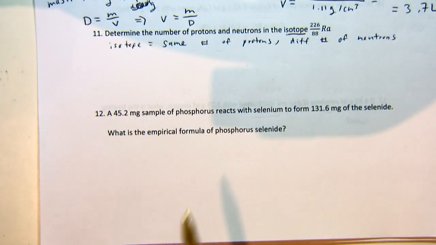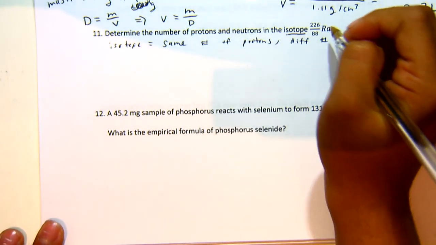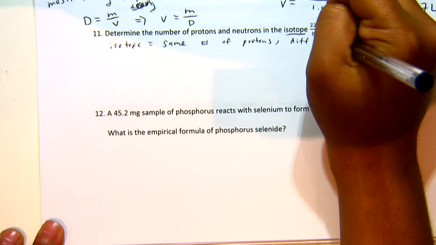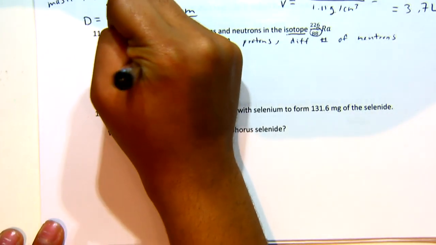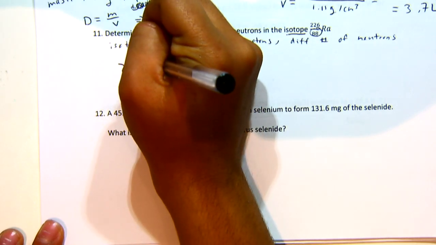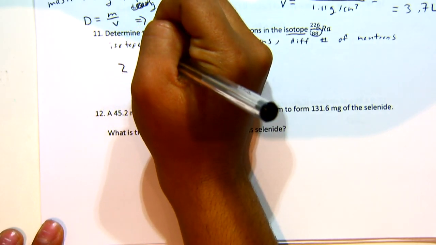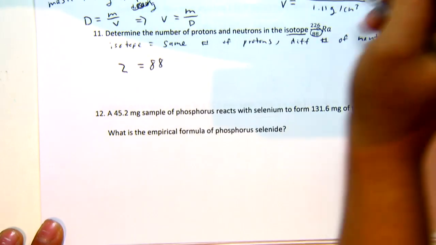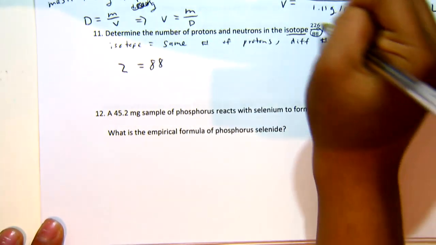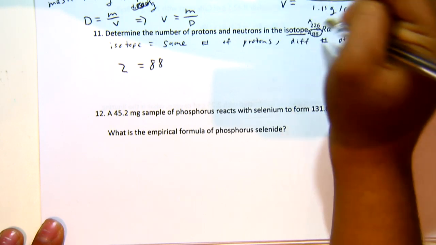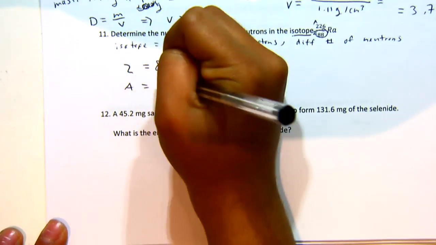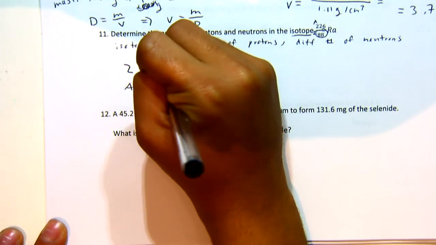So when you're reading this, you know that the atomic number is this portion right here. So we know our atomic number, which is sometimes represented by Z, is 88. And our atomic mass number is the one on top, which is sometimes represented as A. This is A over Z. It's going to be 226.